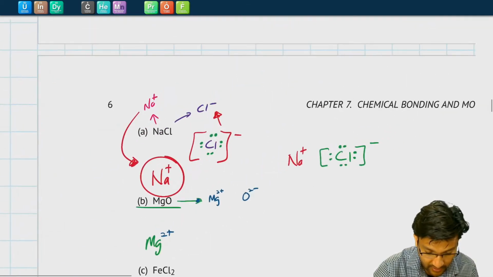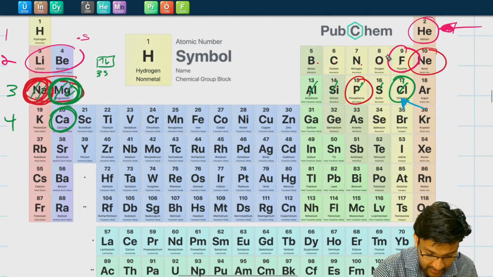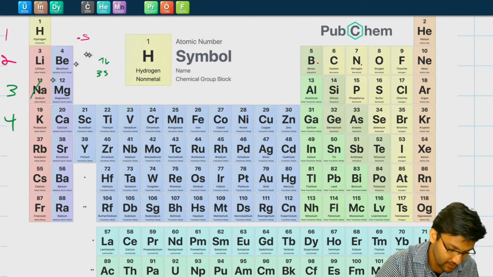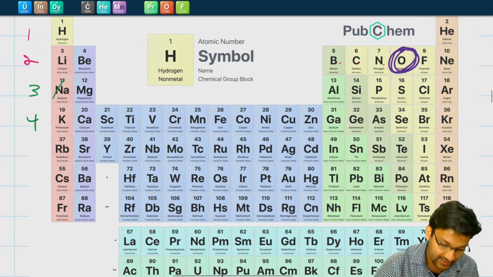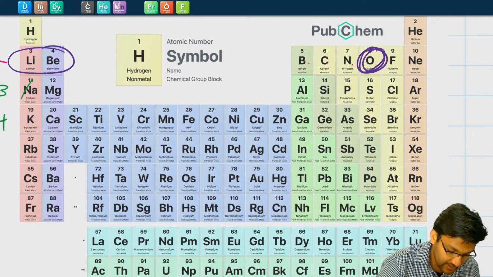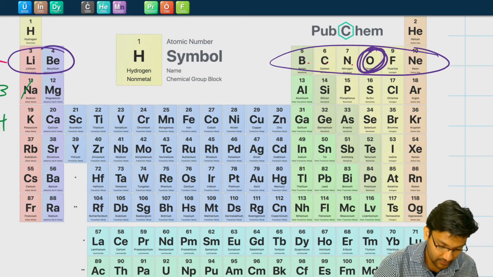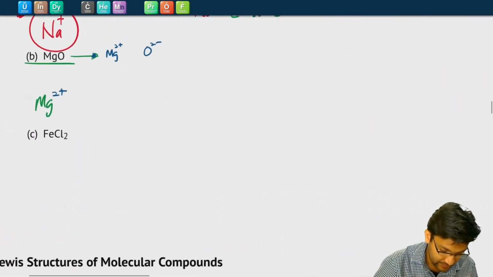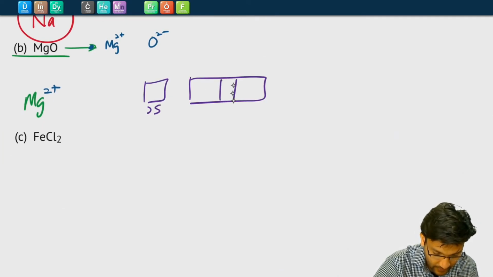We did oxygen earlier, but we're going to do it again. Here is oxygen. Let's erase some of these things on the periodic table so we can make things clearer. The valence electrons for oxygen will be 2 in the 2s orbital and 4 in the 2p orbitals. So let's draw that just to make it clear: the 2s orbital and the 2p orbitals.